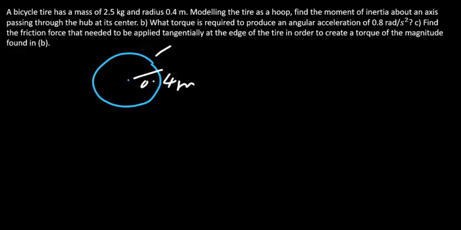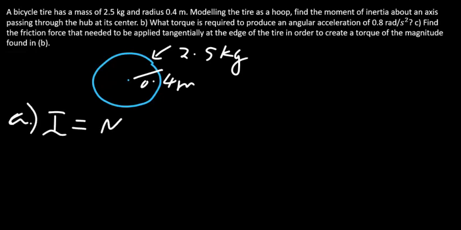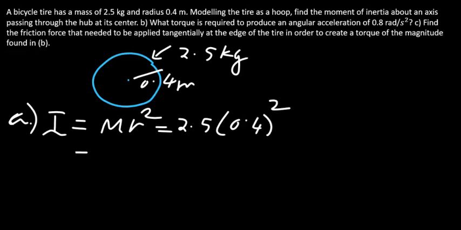The mass is concentrated at the radius, and it's 2.5 kg. So we can model it as a hoop. So the moment of inertia, in this case, is just the mass times the square of the radius. The mass is 2.5, radius is 0.4 squared, and that's going to be 0.4 kg meter squared.